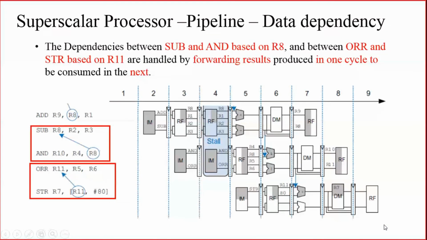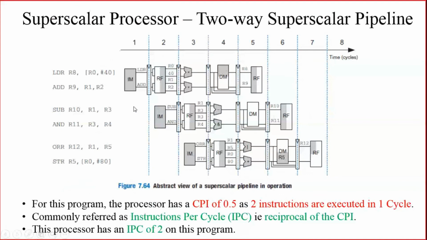But in the case of a program where the data dependency is not there, here again 6 instructions are there. But how many cycles did we take for issuing these 6? Only 3 cycles were taken. So what will be the IPC? Total 6 instructions divided by 3 cycles, 6 by 3, you will get 2.